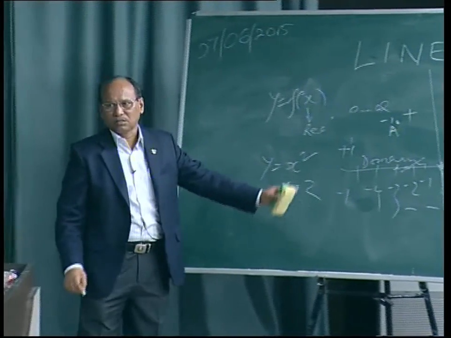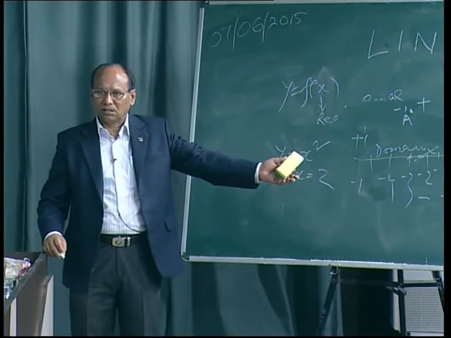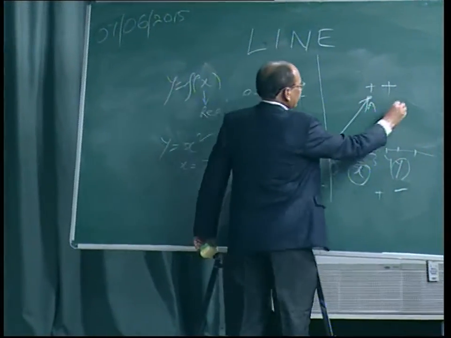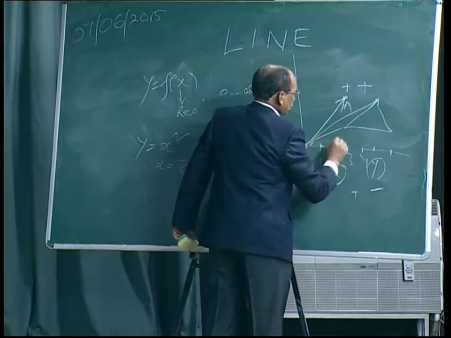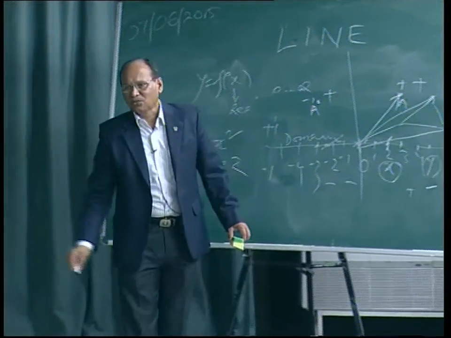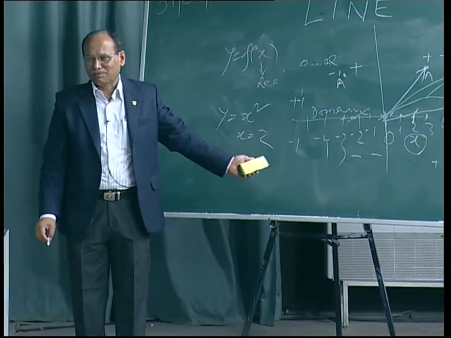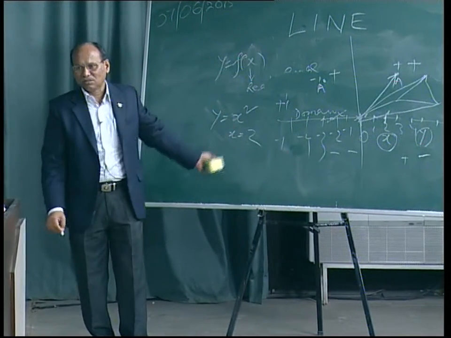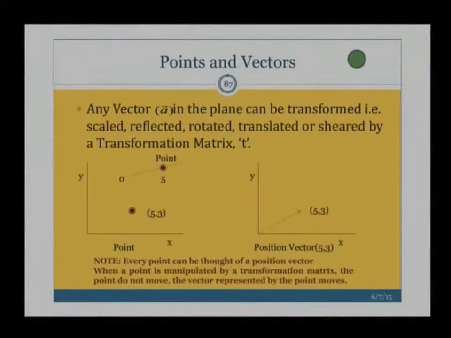It will have a starting point, it will have an end point, it has a length or magnitude, and it has a direction. So, this end point moves. So, if I make a triangle here, this triangle is made of 3 vectors, and when we transform these 3 vectors, this point representing that vertex will remain there, and there will be different points and different vertices. But I will not delve much more about that.